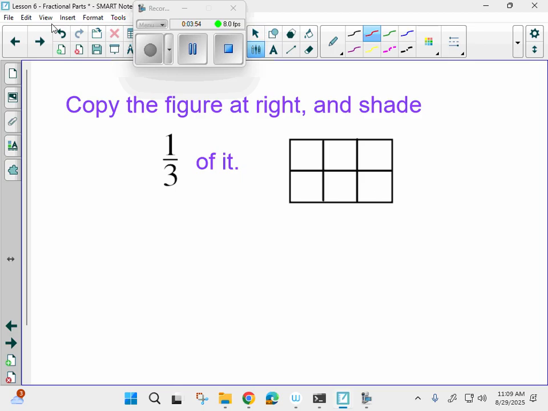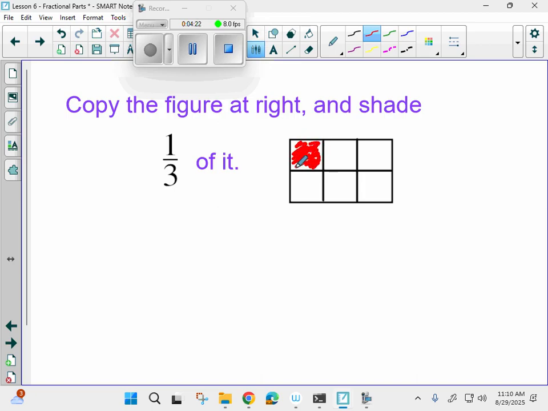All right, draw this rectangle and shade 1/3 of it. All right, is this 1/3?